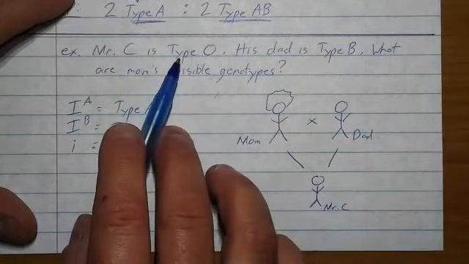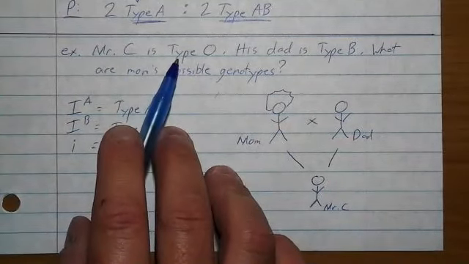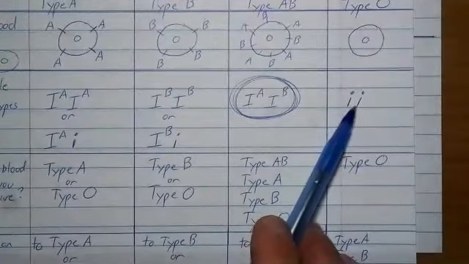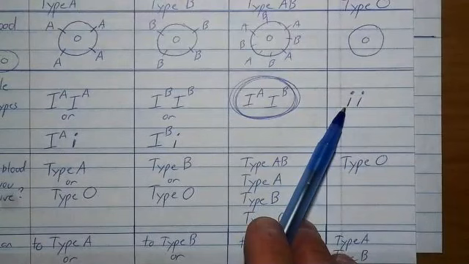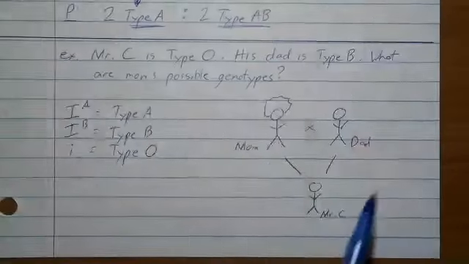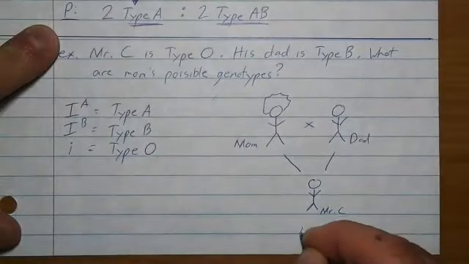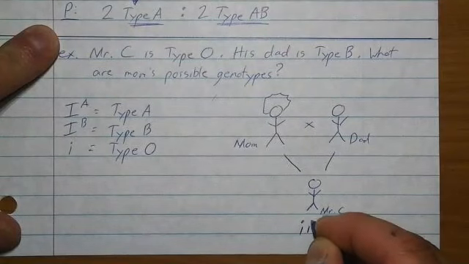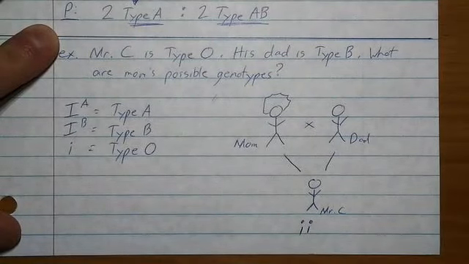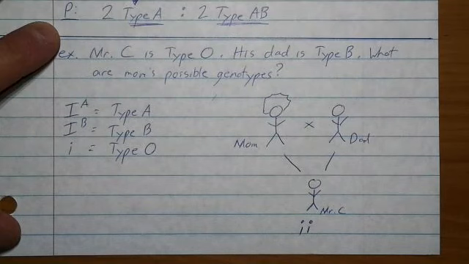Okay, I'm type O. So you go, okay, well, if you can remember this chart, there's only one possibility if somebody's type O. They must have lowercase, lowercase. So I would have to have a lowercase i, a lowercase i. Those are the only possibilities for me.